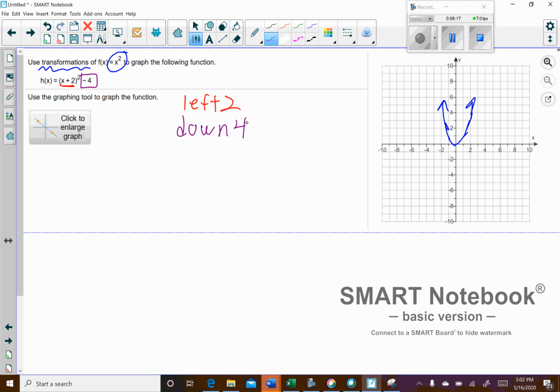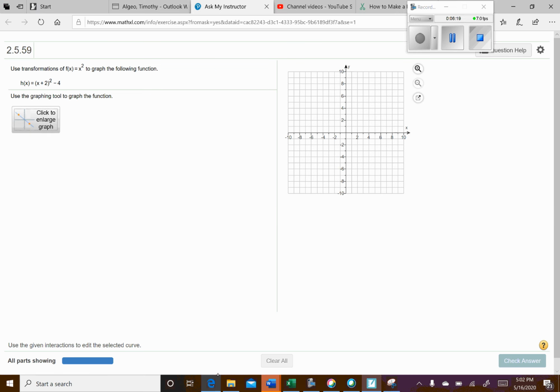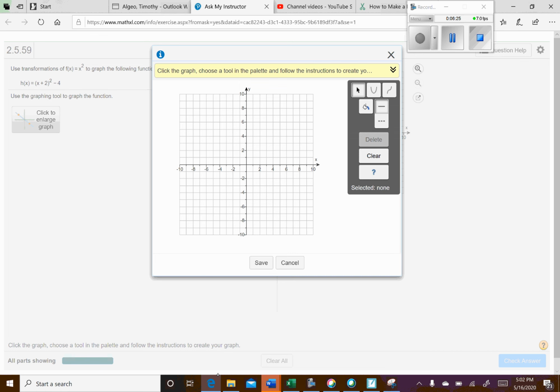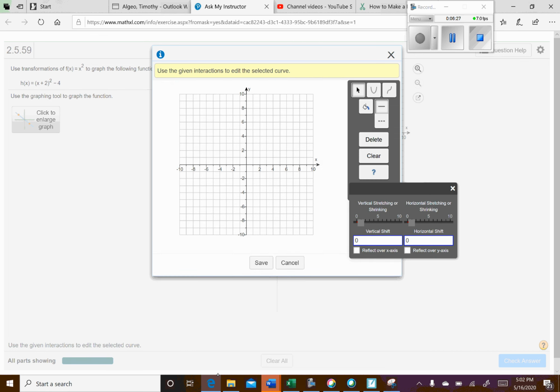Now, I'm going to show you how to do this on the computer. So here's the same problem. I'm going to go ahead and click to enlarge. Okay. And so you just put your parabola on there. It's going to pop up there. And then you can see we have vertical and horizontal transformations. So let's start with the horizontal transformation. The transformation was left 2.